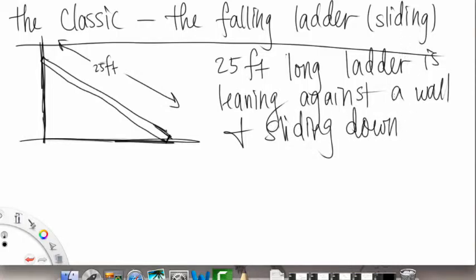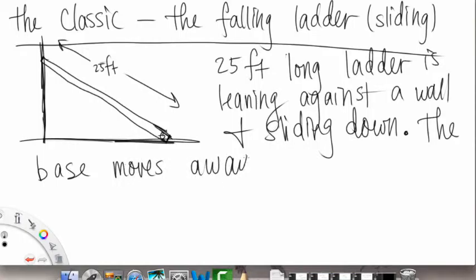So here they'll give you a rate. So the base, the bottom, moves away from the wall at 3 feet per second.